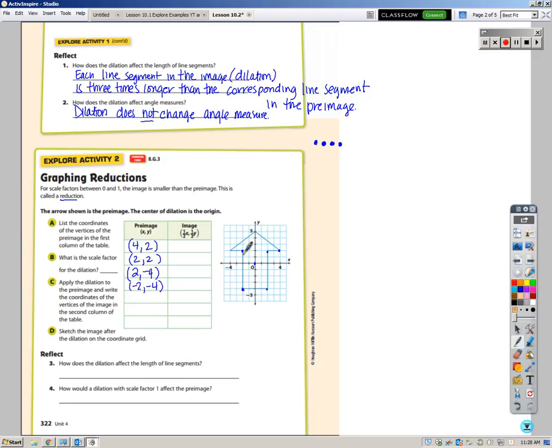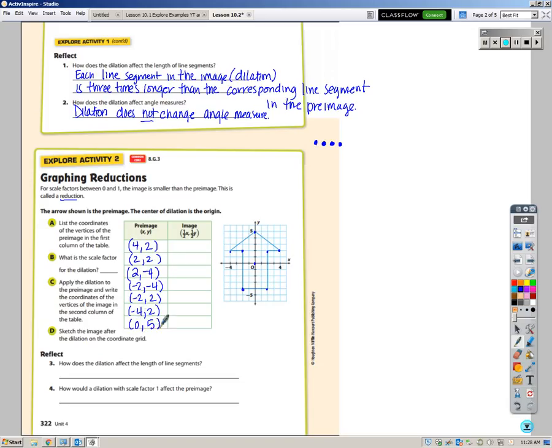And then this one is negative 2 and positive 2. And then this one here, which is negative 4 and 2. And then this last one here, which is 0 and 5.